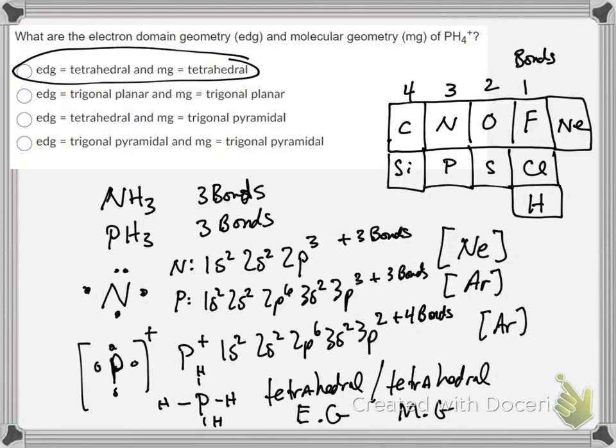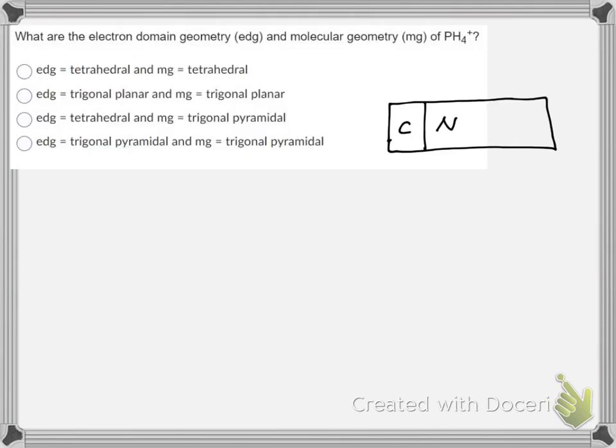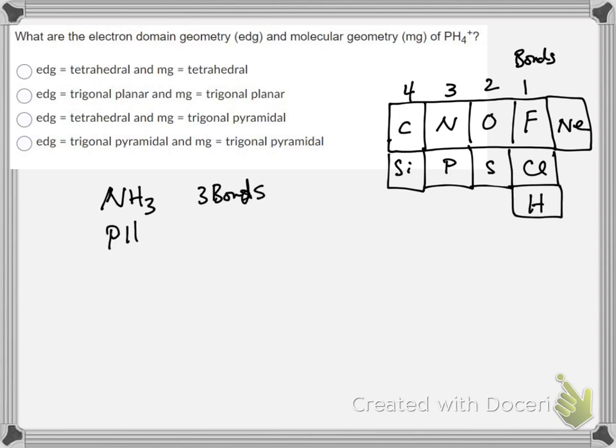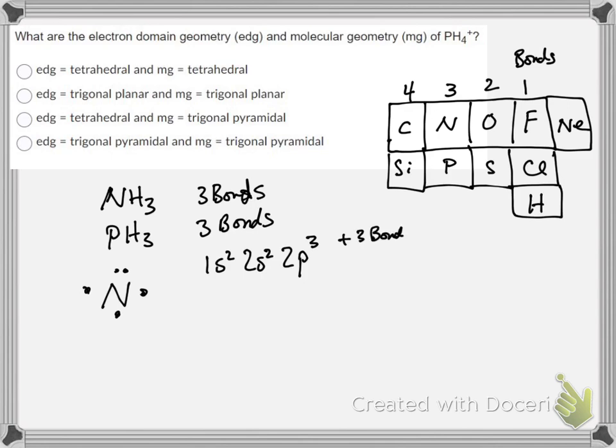All right, so when we look at nitrogen, let me go back to where we were. Sorry about that, I pushed the wrong button and things got away from me. So nitrogen forms 3 bonds with hydrogen, and so does phosphorus. The justification was the electron configuration, 1s2, 2s2, 2p3.